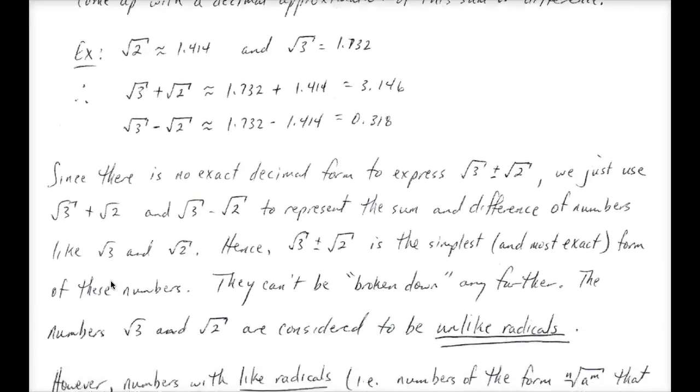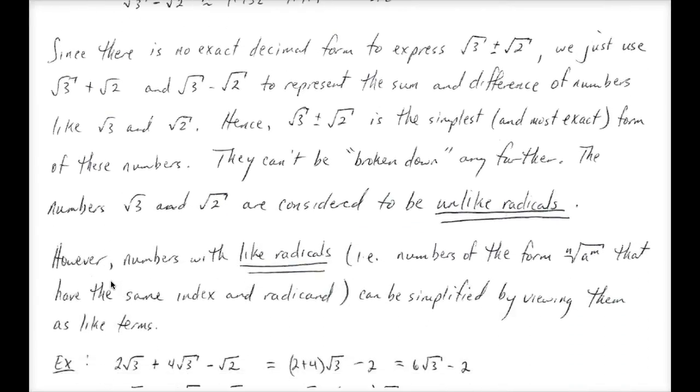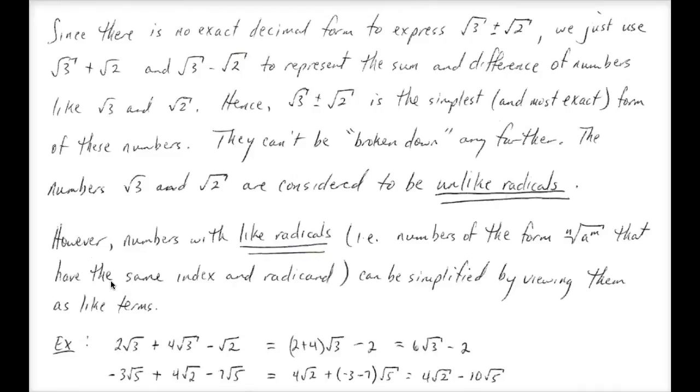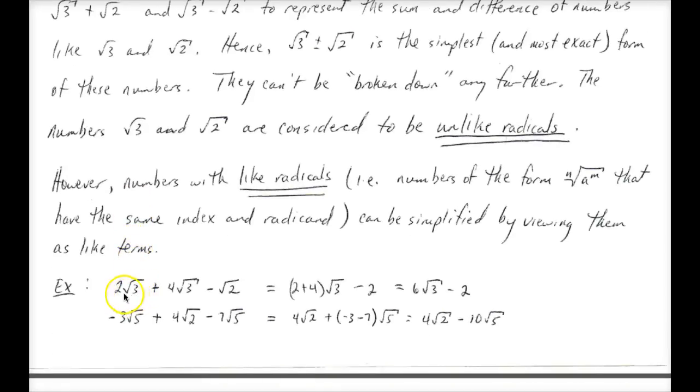And so we consider square root of 3 and square root of 2 to be what we call unlike radical terms. Now, if we have like radical terms, then we're going to see the same type of square roots in them. For instance, in our first example here, we have 2 times square root of 3 plus 4 times square root of 3 minus square root of 2.